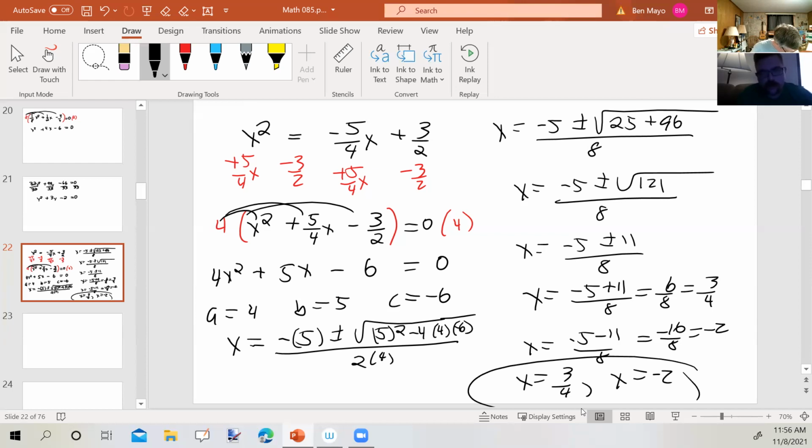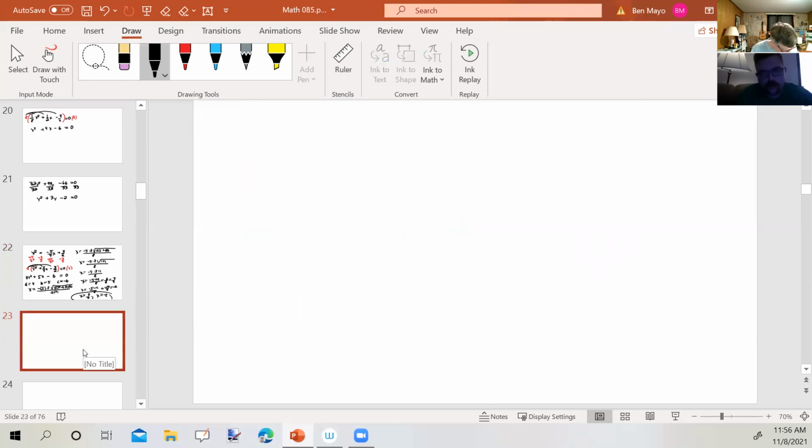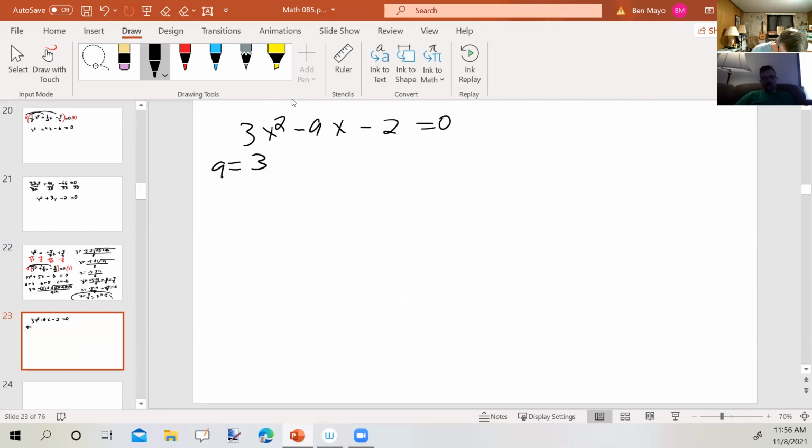Let's take a look at this one. 3x squared minus 9x minus 2 equals 0. This is a quadratic equation in standard form. There's no decimals or fractions to get rid of. The leading coefficient's positive. I can't factor out anything, so let's just go for it. A is 3, B is -9, C is -2.